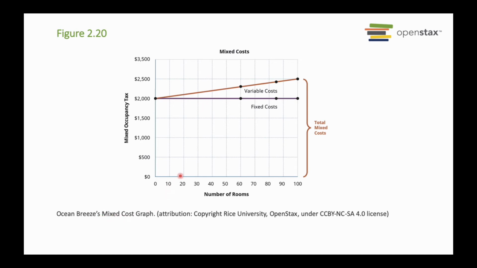So total variable cost is equal to the number of rooms rented out times the variable cost per unit, and total cost is the sum of the fixed cost and the total variable cost. So this line here, the total cost line, has both a fixed and a variable component in it and is therefore a mixed cost.